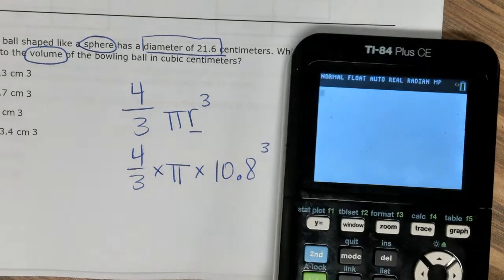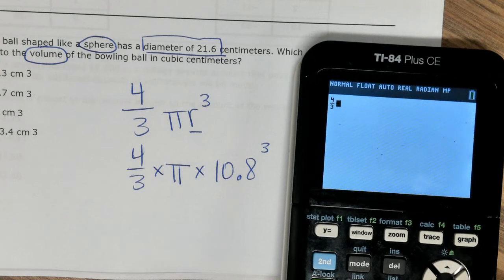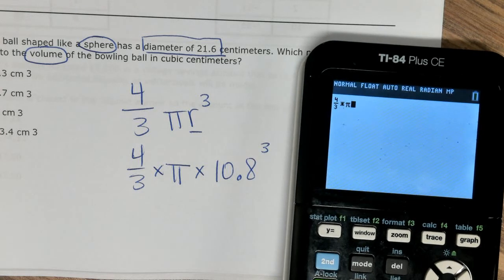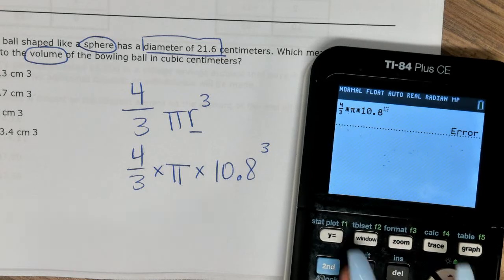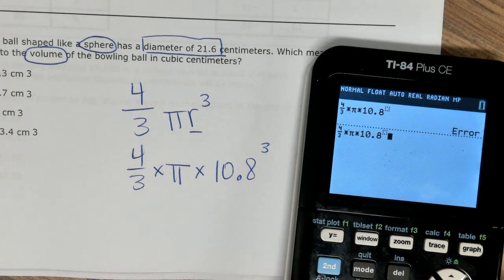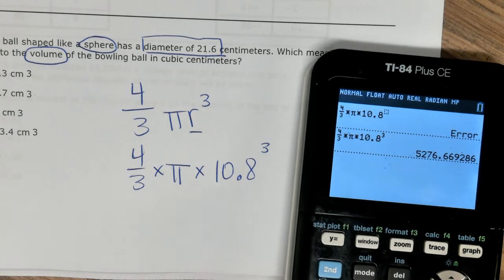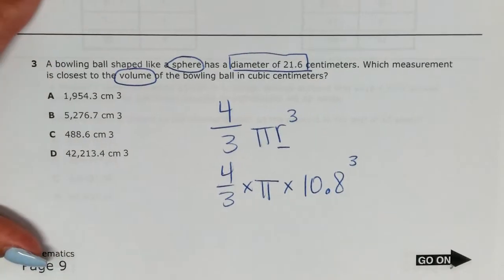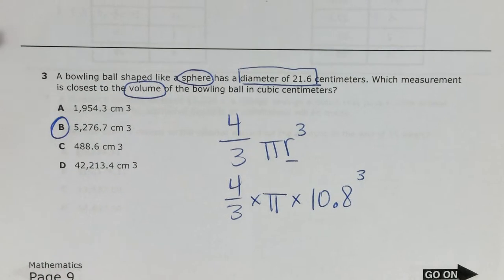Okay, and I just type that in my calculator. Oh, what did I do? I forgot to put it to the 3rd power. My answer is 5,276. Everybody good?